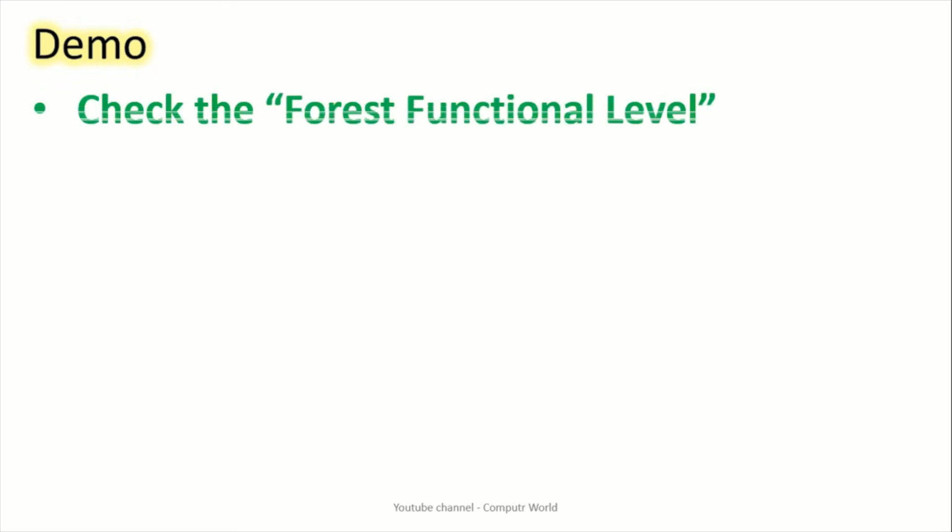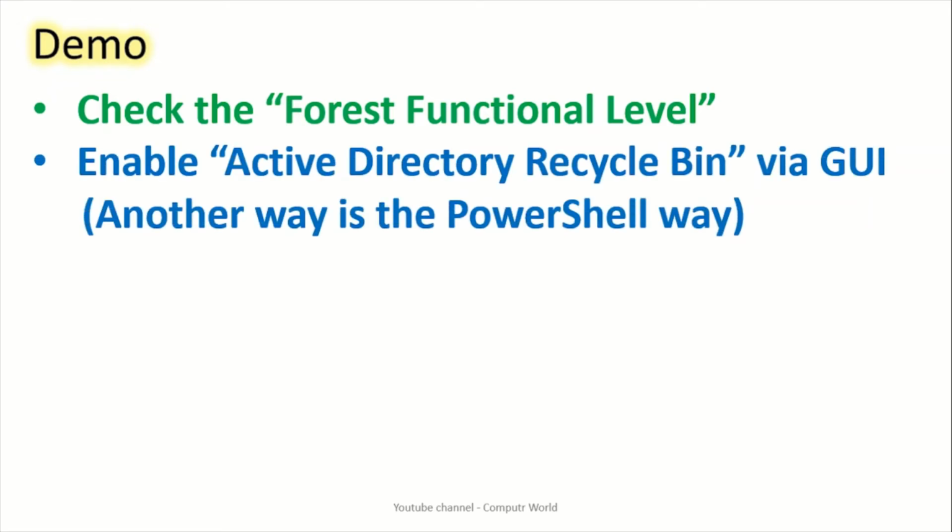So let us go to the demos now. The first thing we'll check is the current forest functional level of our forest. Then we'll enable the Recycle Bin via graphical user interface. There is another PowerShell way, but I'll show you the easiest way, that is GUI, graphical user interface.